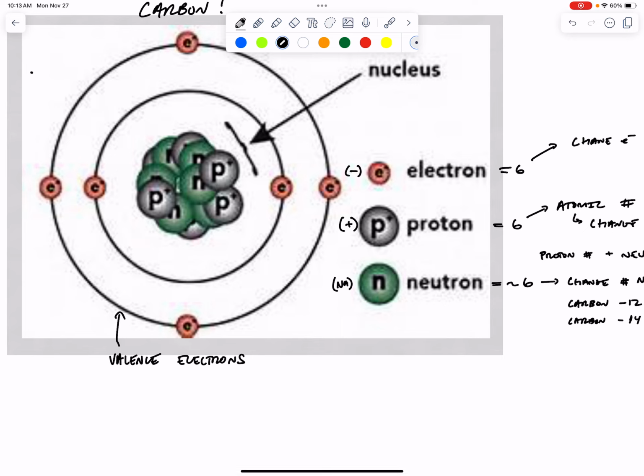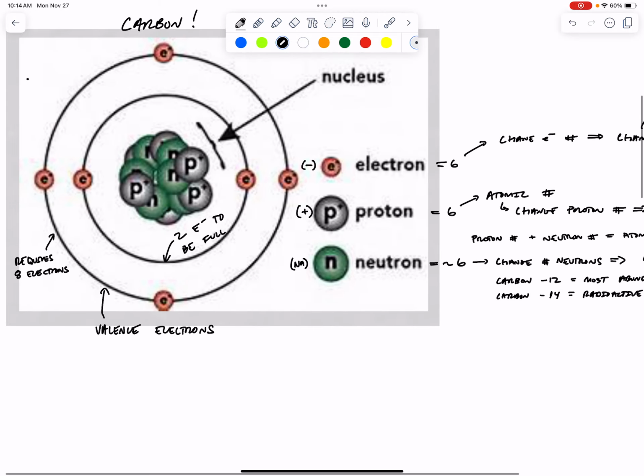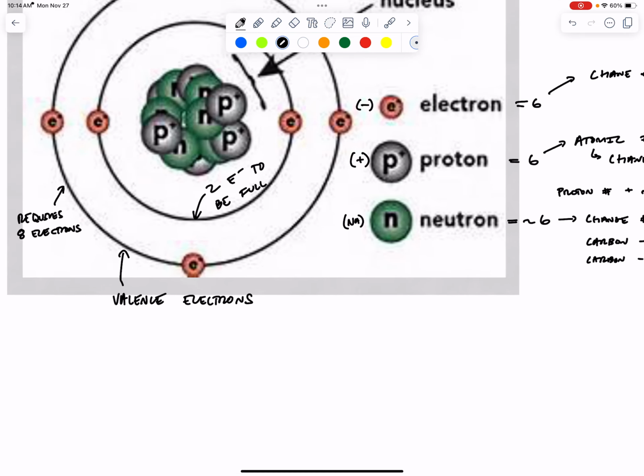So the inside shell just requires 2 electrons to be full. But the outer shell requires 8 electrons to be full. And carbon has 4 valence electrons.